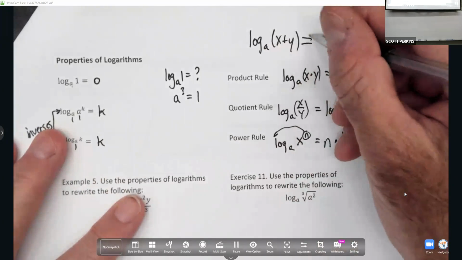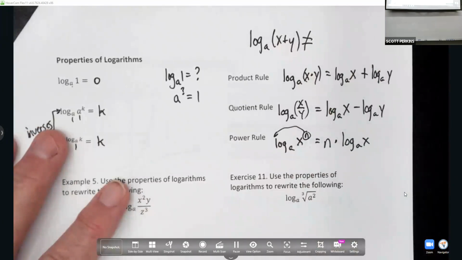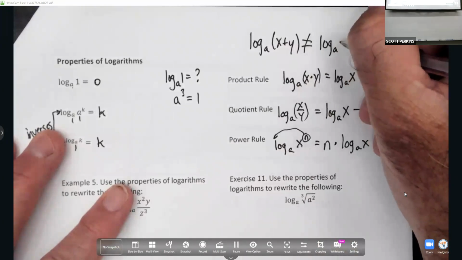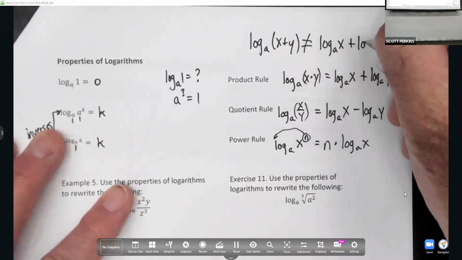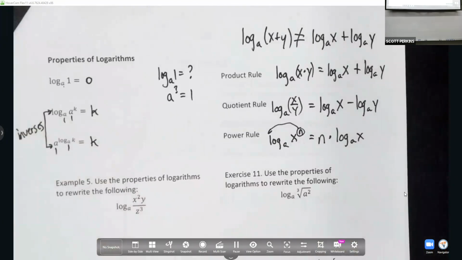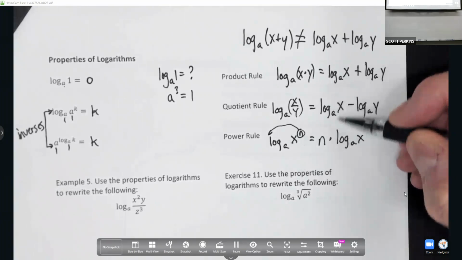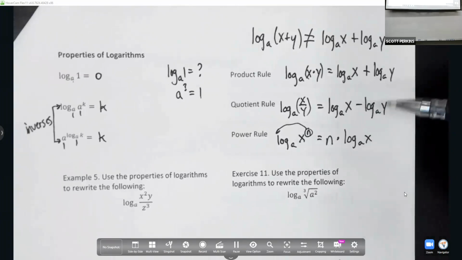It is 100% wrong to say, oh, I'm going to go ahead and distribute: log base a of x plus log base a of y. Pardon me. That is wrong. Don't do that. We're not distributing anything. These properties are based on the rules of exponents.